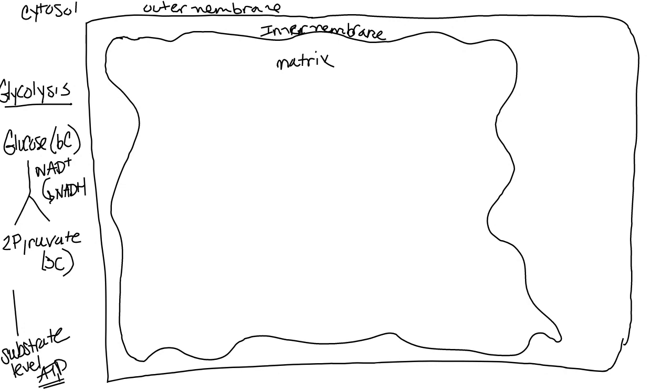Now my pyruvate is going to, via passive transport, come into the mitochondria. But it's going to do so in a specific transport protein. And this is called 2 things. So if we think this is step 1, this is step 2. So this is pyruvate oxidation.